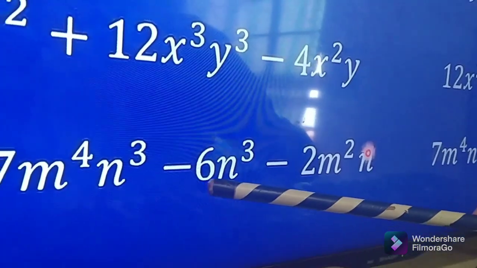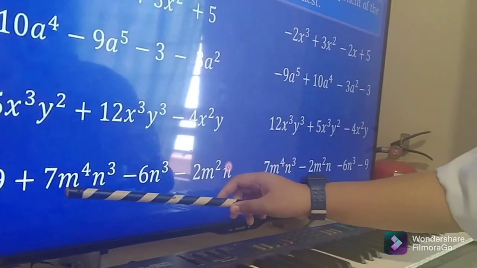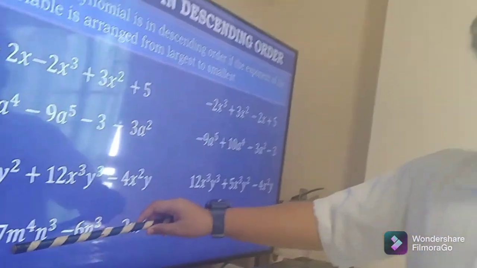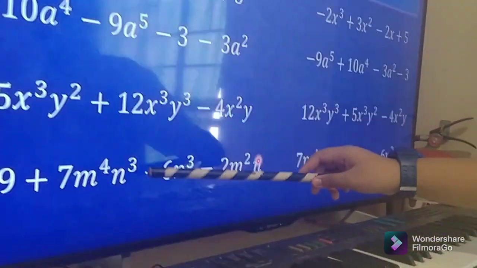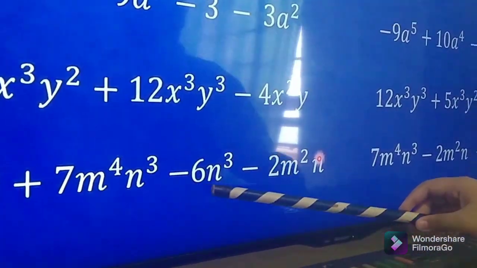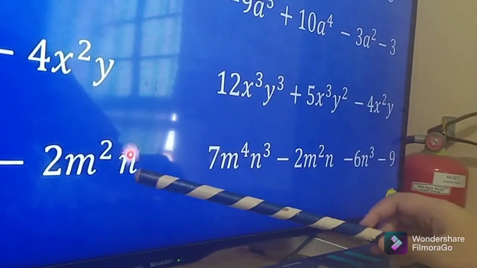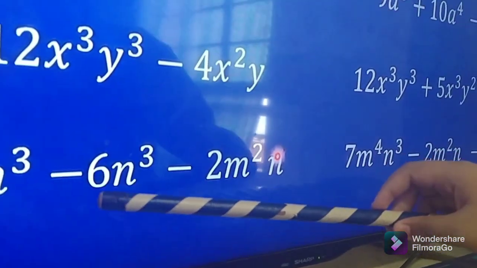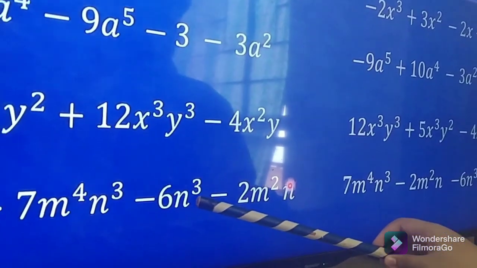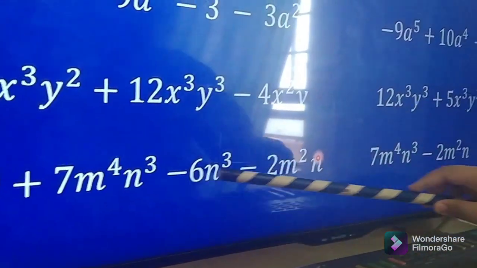Why not 6n to the third power? Because the first term is followed by the variables m to the fourth power and n to the third power, so the second term follows with m and n. So our third term is negative 6n to the third power. The last and final term is negative 9.